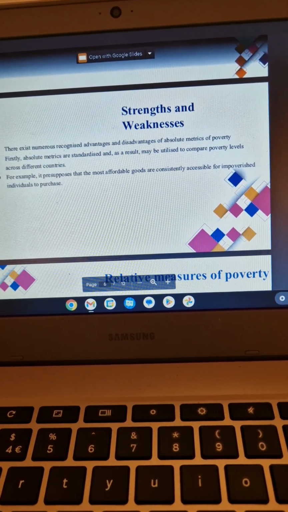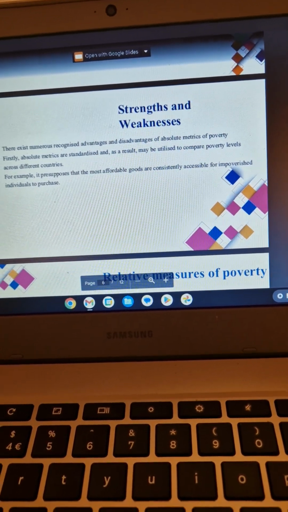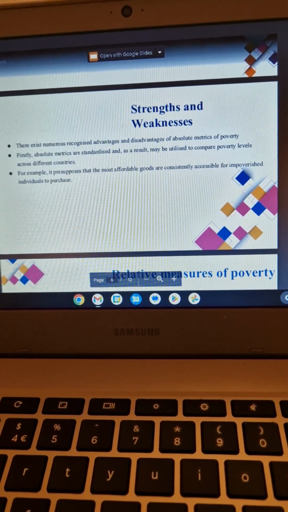Strengths and weaknesses. There exist a few recognized advantages and disadvantages of absolute measures of poverty. Firstly, absolute measurement is easy to understand, is standardized and as a result may be utilized to compare poverty levels across different countries.